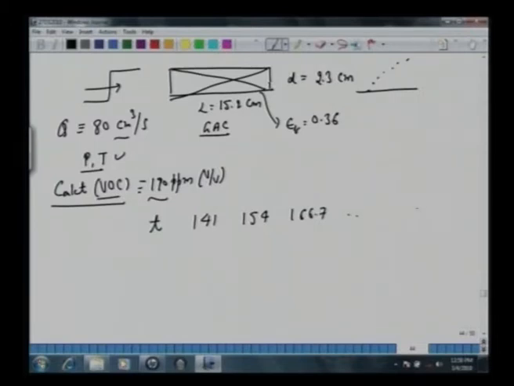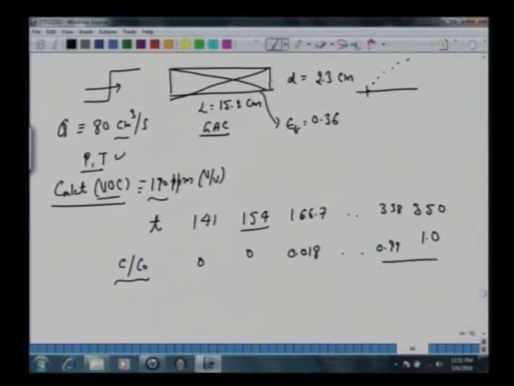One has noted the concentrations, non-dimensionalized with respect to the inlet concentration. So 0, 0 means till 154 minutes there was no concentration monitored at the exit. After 166.7 minute, a very small concentration 0.018 is measured, and after 350 minutes, maybe it has reached 0.9.